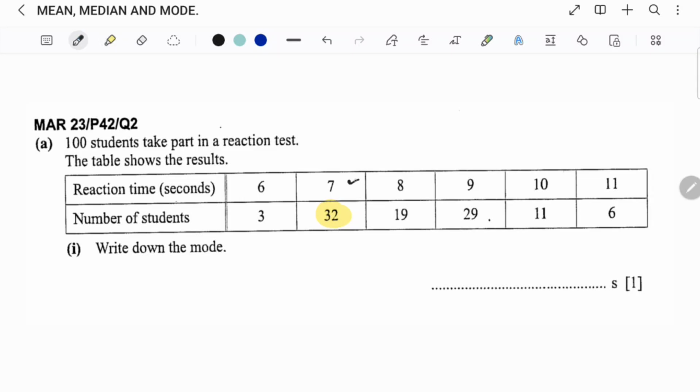The mode is 7. Okay, so the mode is 7 here. The highest frequency is 32. It means 7 is the most repeated number in this frequency table. All right, so 7 is your mode.